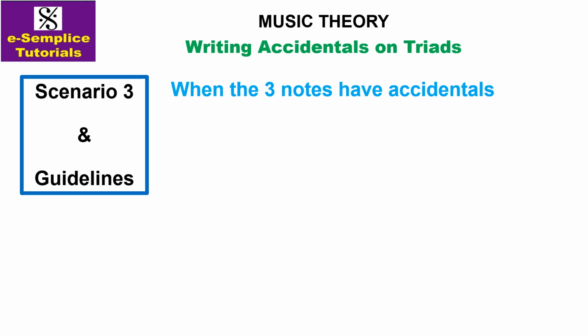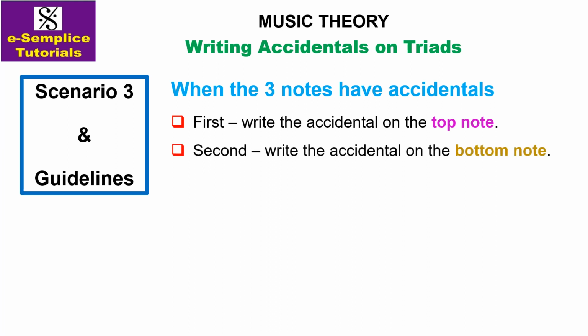Now let's look at scenario 3, where the three notes of the triad have accidentals. What is the guideline? First, write the accidental on the top note. Second, write the accidental on the bottom note.